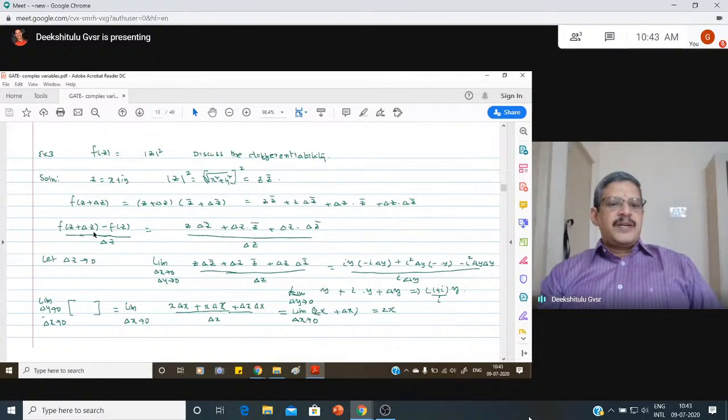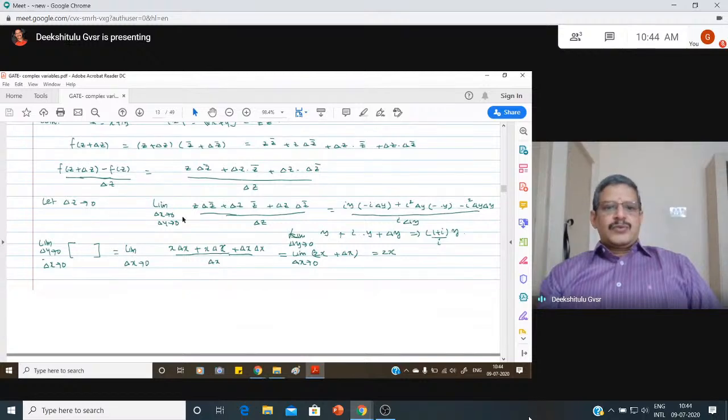So then f of z plus delta z minus f of z by delta z, construct this. Because z into z conjugate is f of z, that will be cancelled, and the remaining expression will be z into delta z conjugate plus delta z into z conjugate plus delta z into delta z conjugate, all by delta z.